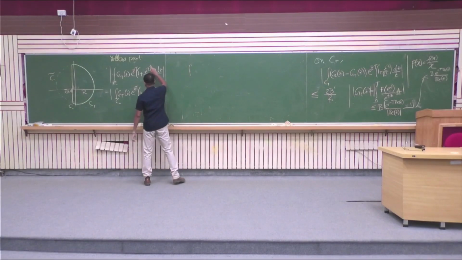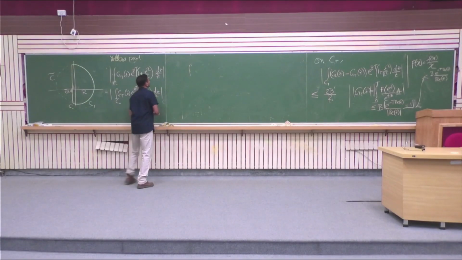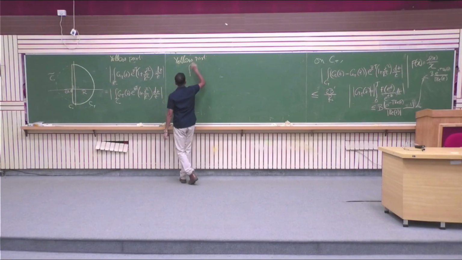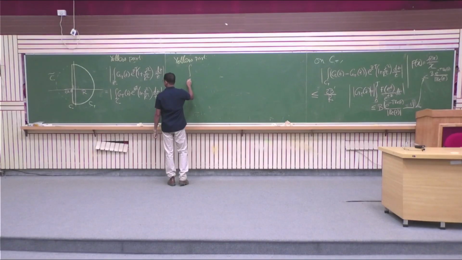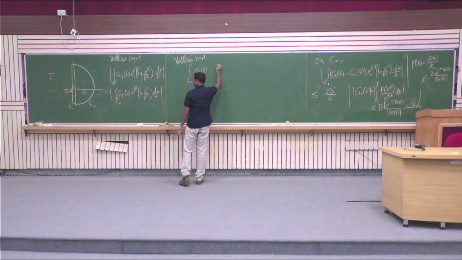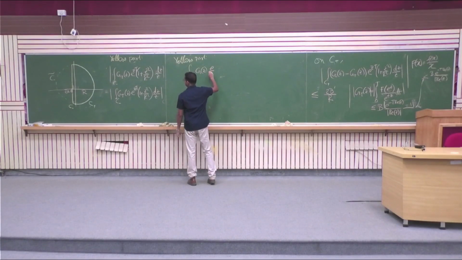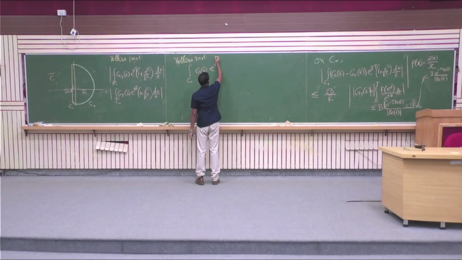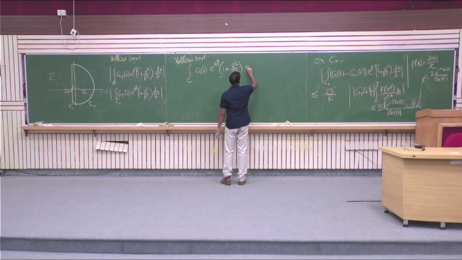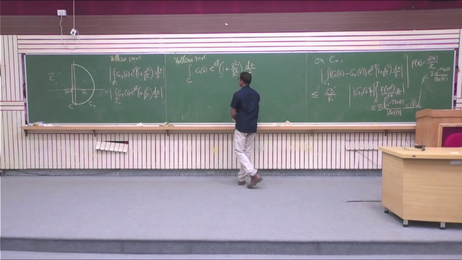So again, on the yellow part, we have the integral over C minus of G(z) e^(zt) (1 + z²/r²) dz/z. Okay, so we're considering this one.